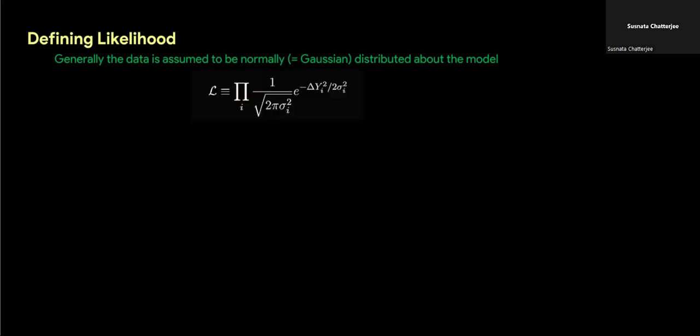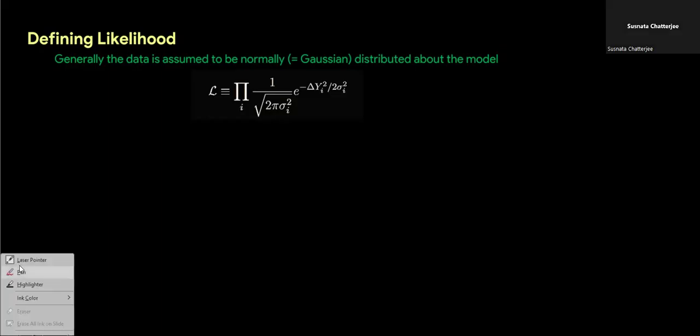Now, how do we define likelihood? We generally assume the data to be normally or Gaussian distributed about the model. So for each data point, we multiply the Gaussian distribution. So L is the continued product over i of 1 over root 2 pi sigma_i squared, e to the power minus delta y_i squared by 2 sigma_i squared.